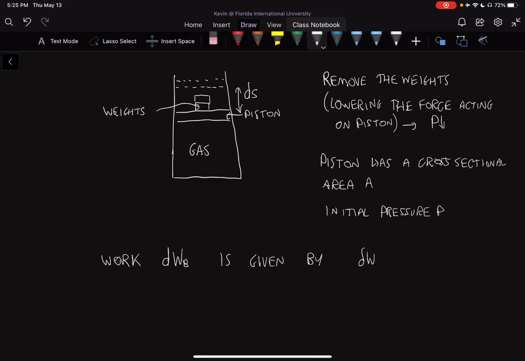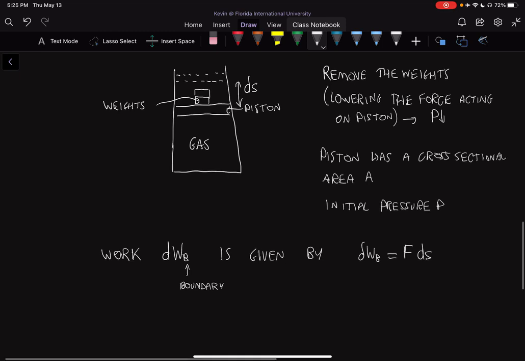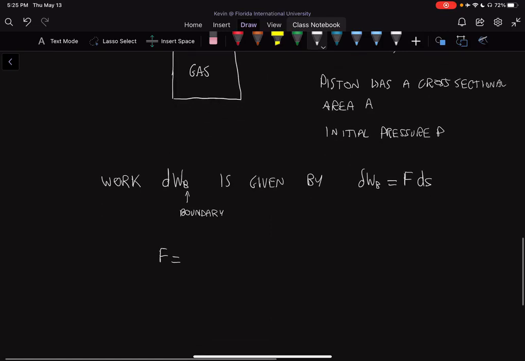So d work of the boundary, so this little b means boundary. It's called the boundary work, okay? So we use a little subscript b to make sure that we understand that we're talking about the boundary. And this boundary work is equal to F times ds. So it's the force on the system multiplied by the change in distance. And we also know that the force is equal to the pressure times the area. Okay, that's the definition of force.